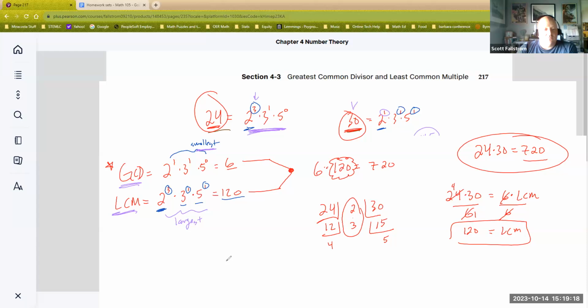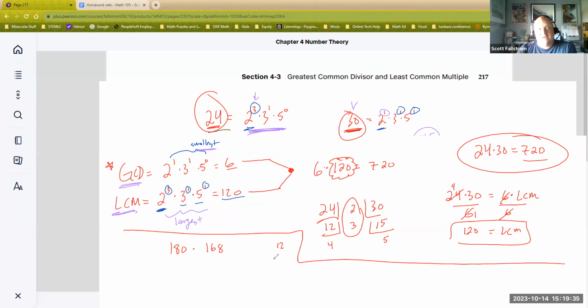Okay. So again, is it super quick? To me, yes, it's super quick. If you wanted to try another one, sure. We just did 180 and 168 not too long ago. And the GCD of those two was the number 12. 12 went into each of those, and nothing bigger went into each of them.